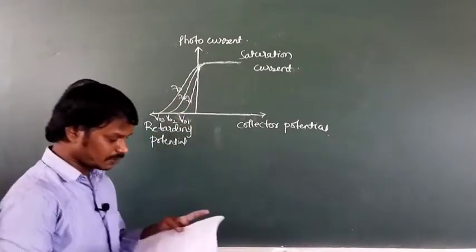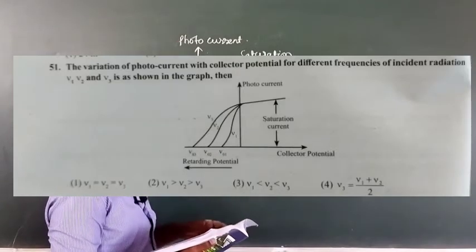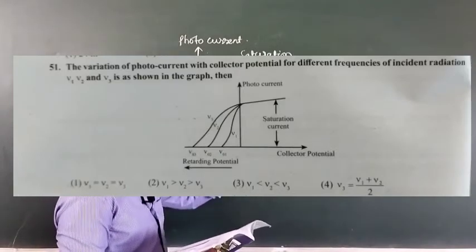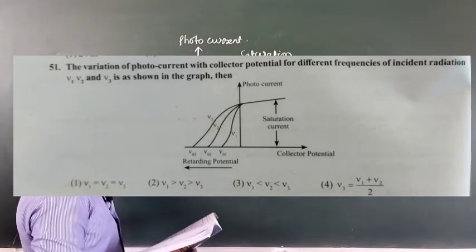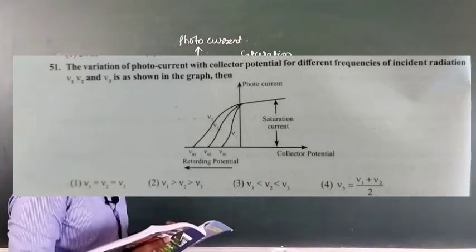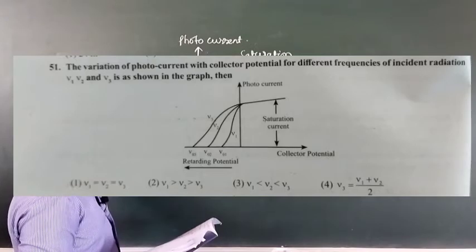See here, what is the question? The variation of photocurrent with collector potential for different frequencies nu1, nu2, nu3 as shown in the graph. We have to find the relation between nu1, nu2 and nu3.